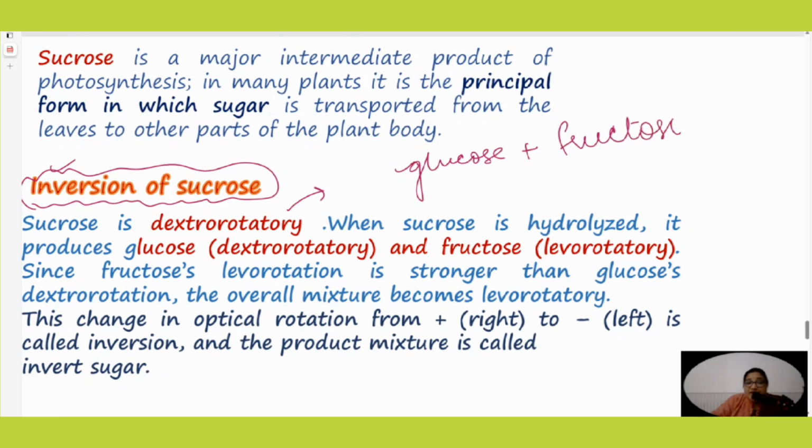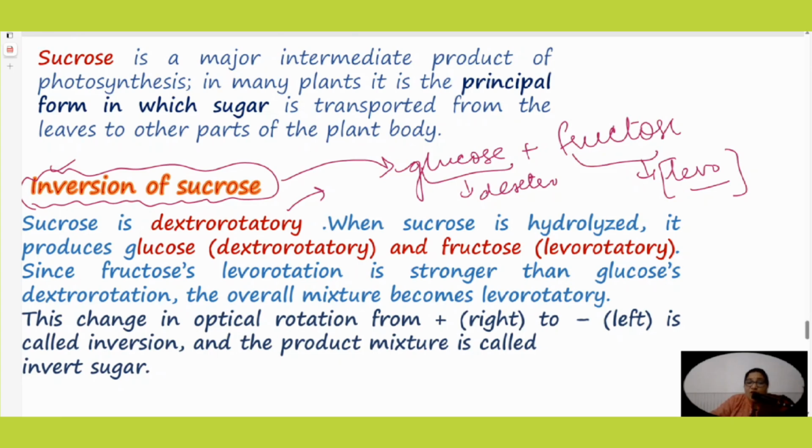Now when sucrose is hydrolyzed further into glucose and fructose, though sucrose is dextrorotatory, once it is hydrolyzed the glucose remains dextrorotatory and the fructose is levorotatory. Overall, the levorotatory nature of fructose is stronger than the dextrorotatory nature of glucose.